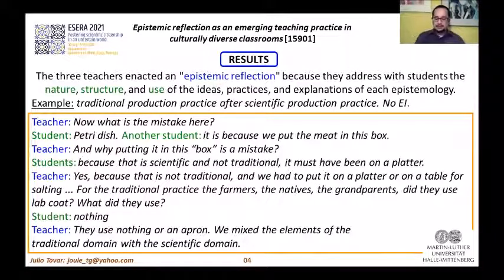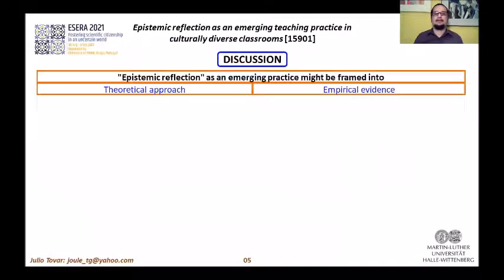In this way, the teacher guided students to reflect on the epistemologies' independence and the use of the elements according to the cultural and epistemic contexts. The epistemic reflection as an emerging practice might be framed into a theoretical approach and into empirical evidence.